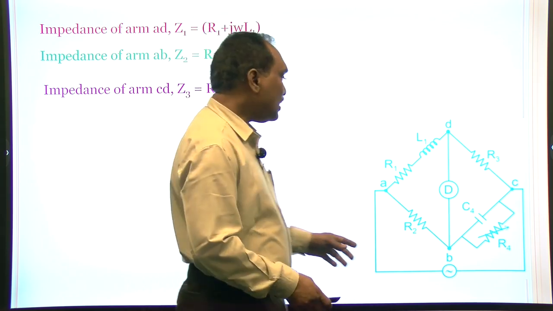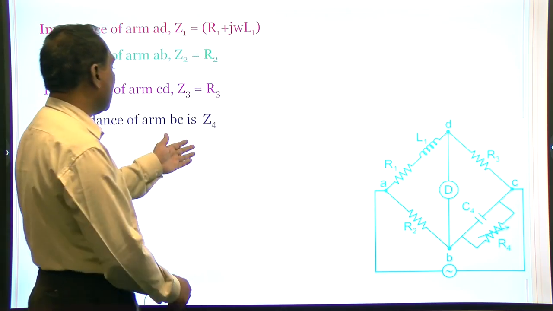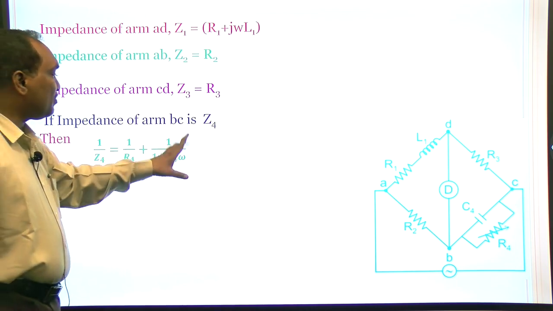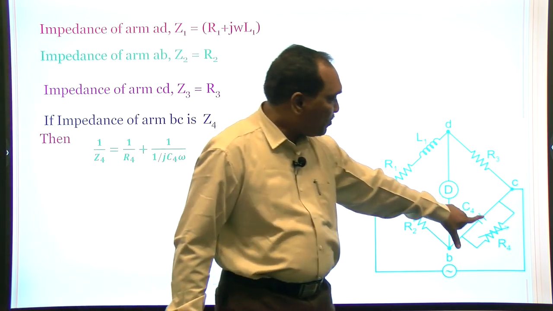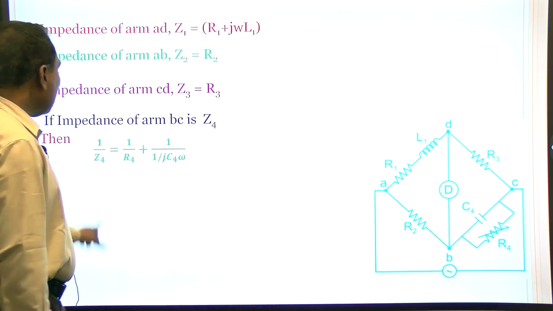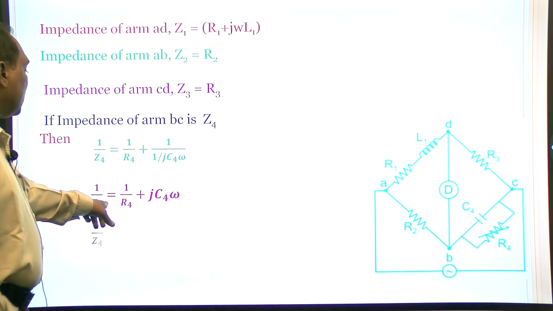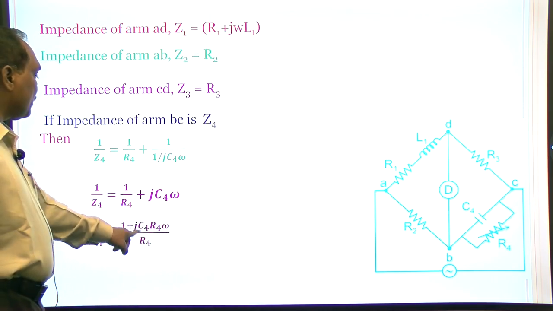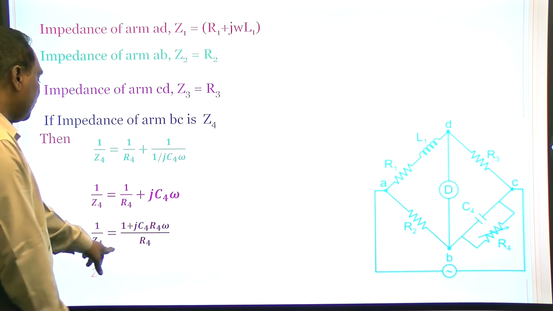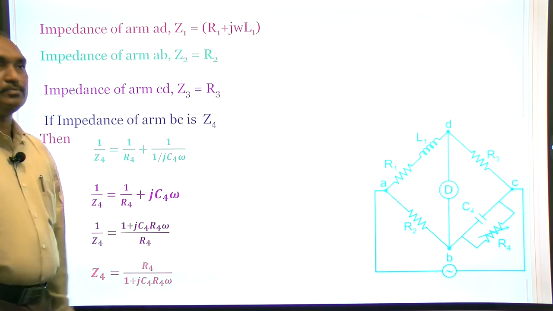So, if Z4 is the resultant impedance in the arm BC, we may write 1 by Z4 is equal to 1 by R4 plus 1 by j C4 omega. Taking the LCM, we get 1 plus j C4 R4 omega over R4. Now, Z4 is equal to R4 by 1 plus j C4 R4 omega.